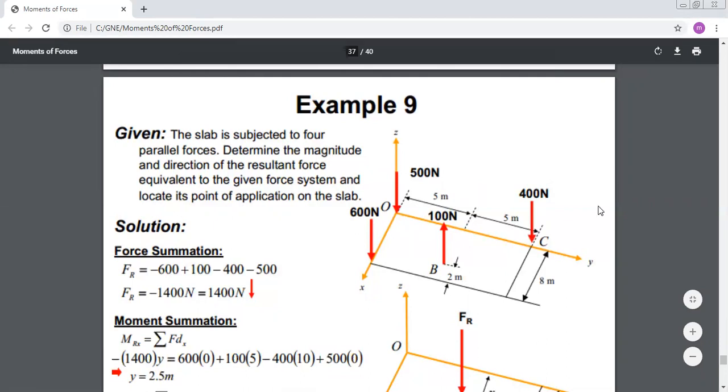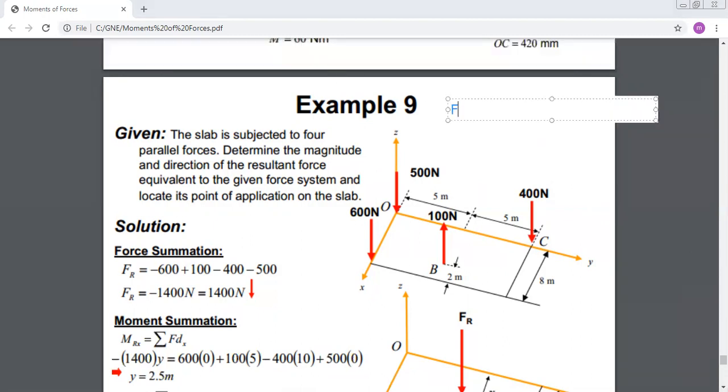Okay? So the first step, as usual, is to find F resultant. F resultant here is equal to the summation of forces. And as you can see, all forces are parallel to Z. So the resultant force will be along Z and it's equal to minus 500, minus 600, minus 400, and plus 100, because all forces are downward, except the 100 Newton force is upward.